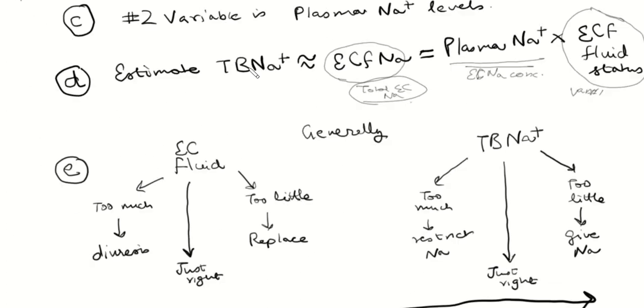So now we have extracellular sodium, that's our total sodium in the extracellular space. Now remember we have the extracellular space and the intracellular space. Where's the sodium more? It's way, way more in the extracellular space, so we don't worry about the intracellular.